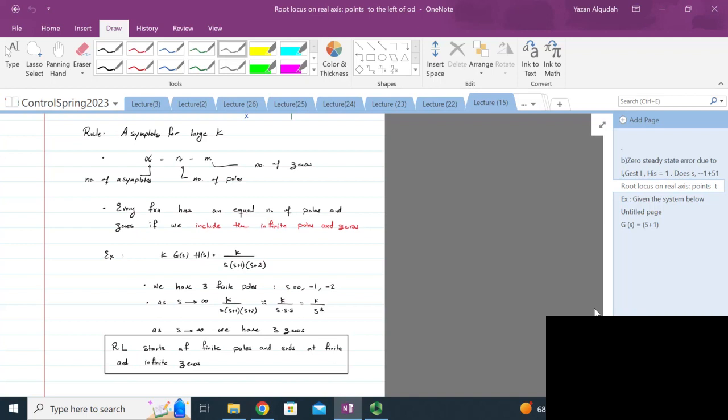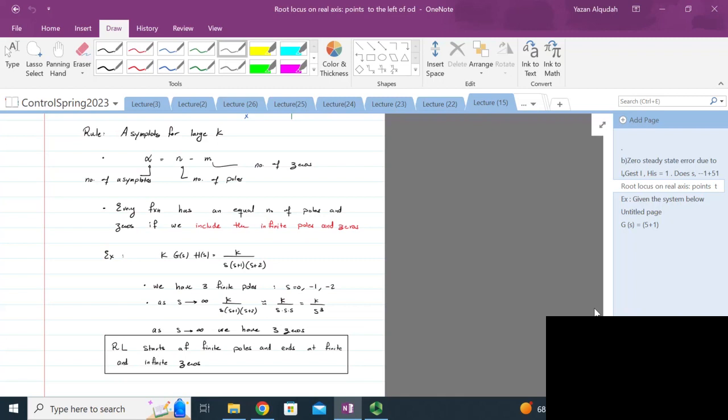It does not look like it has any zeros, does it? But we said if I take the case when s goes to infinity, then this has 3 zeros. This has 3 zeros that are at infinity. Together? When s is infinity, I can ignore the 1 here. This is almost equal to k over s cubed. When s is infinity, what is this value equal to? 0, isn't it? So it is a zero, but this zero is at infinity.